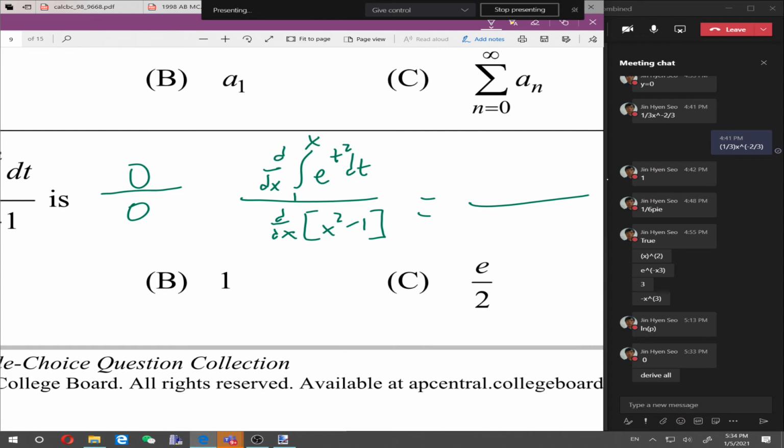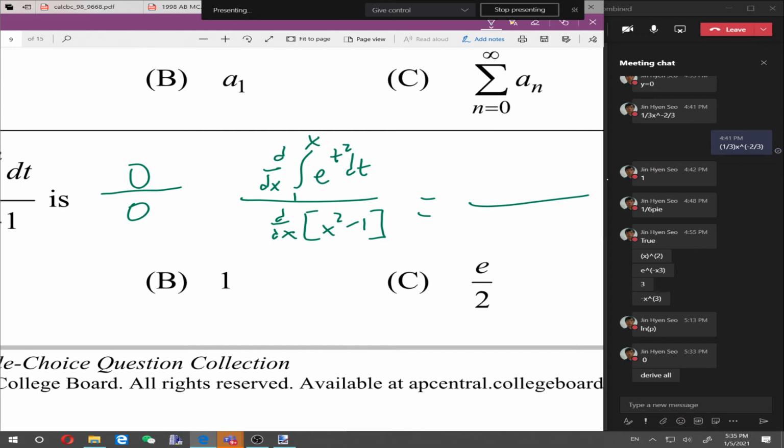Close. That would be if I derived it without the integral there. But right now I'm deriving an integral.